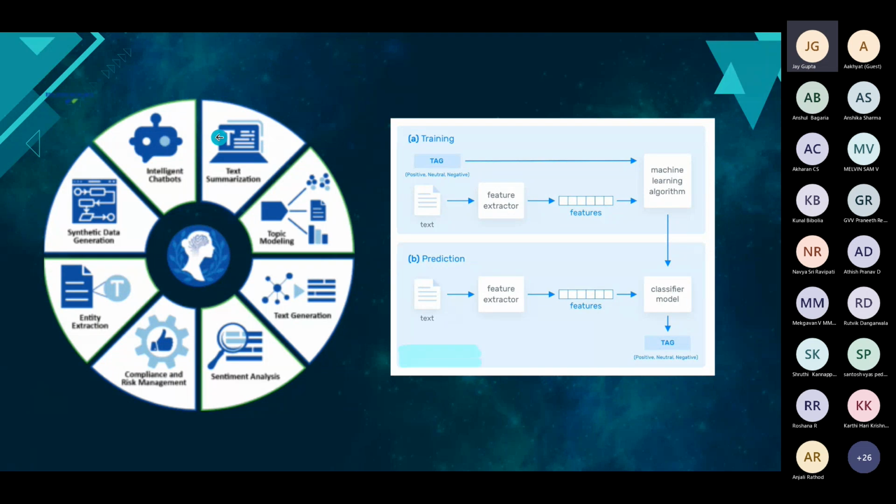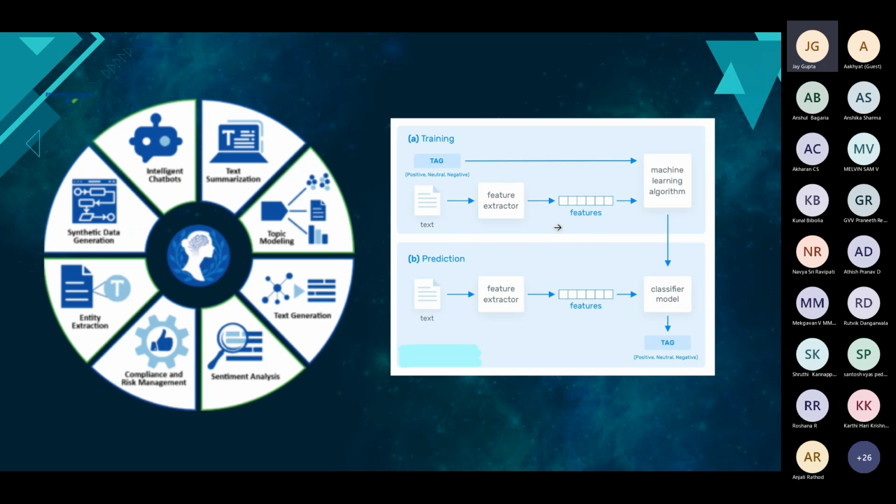So how do we train our model for NLP? For example, we have text. We convert our whole text into one hot encoded vectors. Then we do embedding, which reduces the dimensionality of our vector.